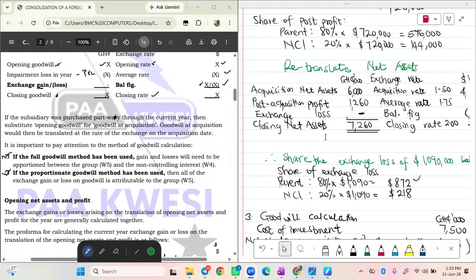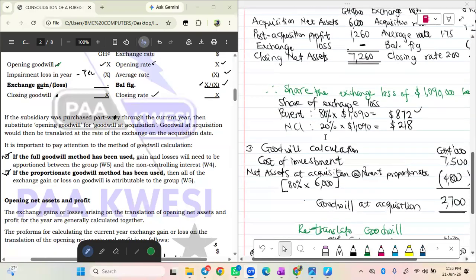So between Workings 4 and Workings 5, you share the exchange loss after retranslating net asset. We don't care about the method that was used to value NCI, because net asset has nothing to do with the NCI or the goodwill.